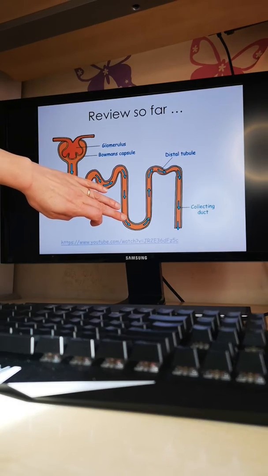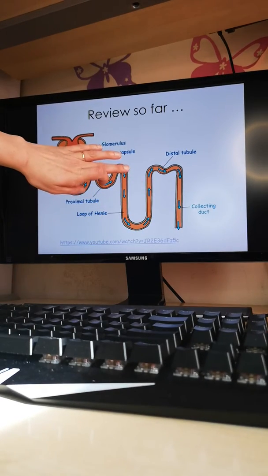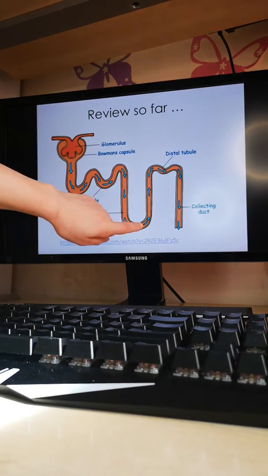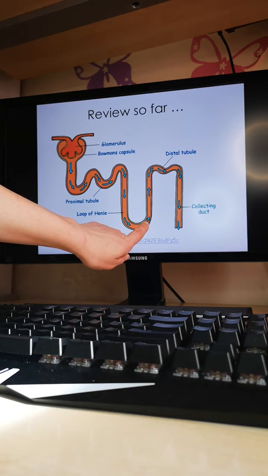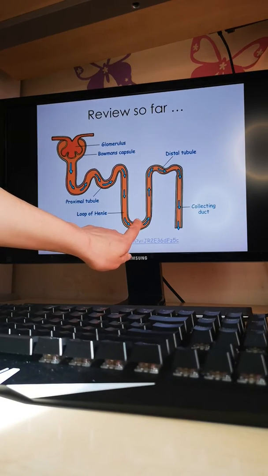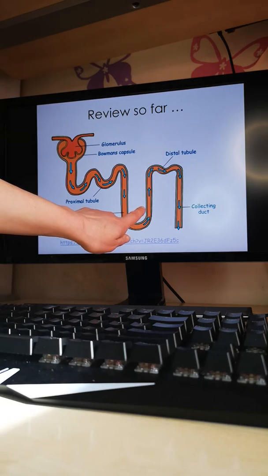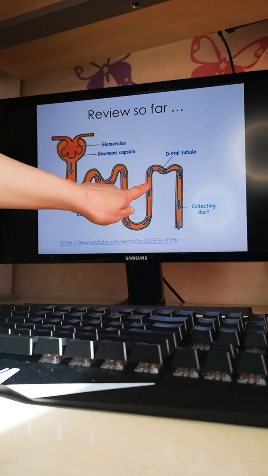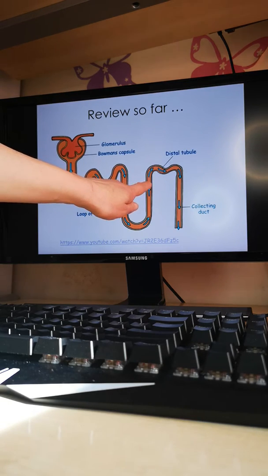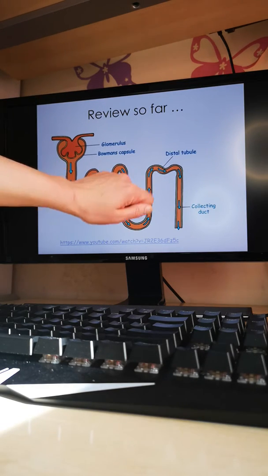Okay, and we explain how that was produced through the movement of sodium and chloride ions from the filtrate. As you turn the hairpin first by diffusion, so down a really strong concentration gradient by diffusion, and then as you move further up the ascending limb, starting to be actively transported out.